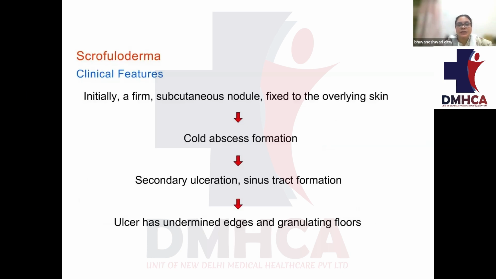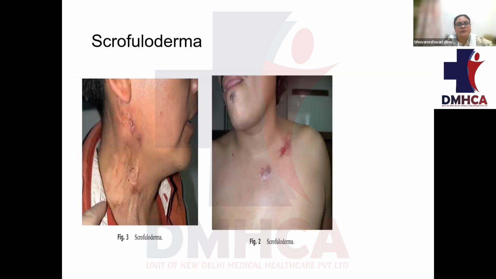This ulcer has undermined edges and a granulating floor, and underlying sinus formation up to the lymph node. Here we can see the involvement of supraclavicular or submandibular lymph nodes. Scrofuloderma is involvement of the skin along with the underlying lymph node or any tubercular focus in the bone.